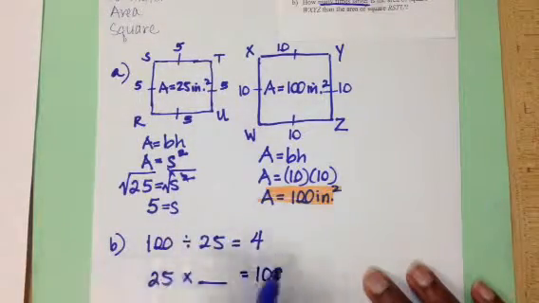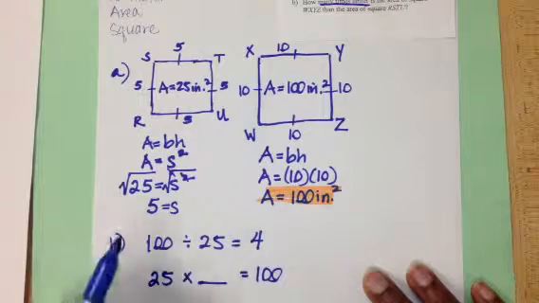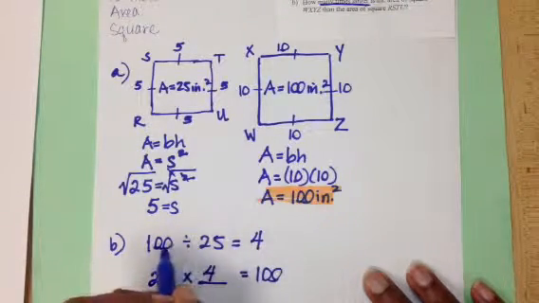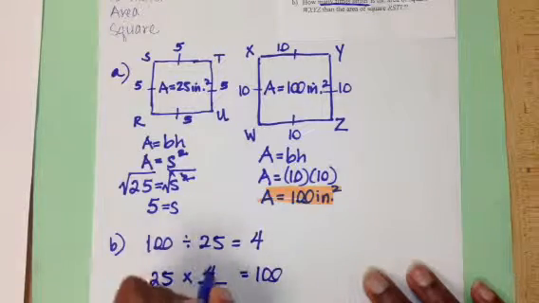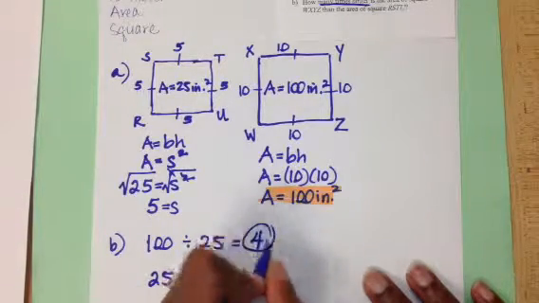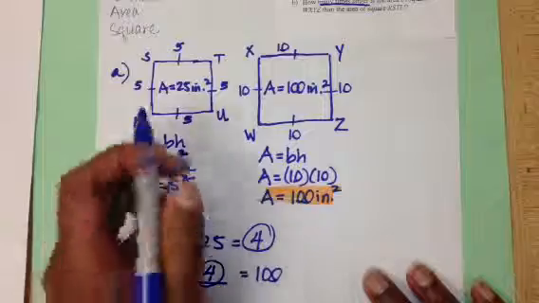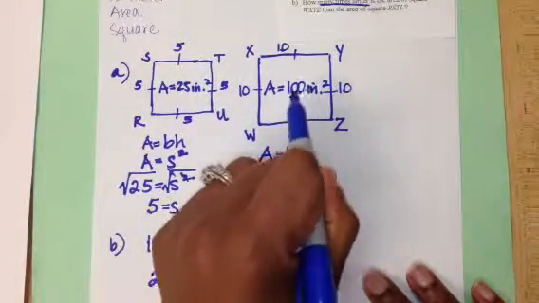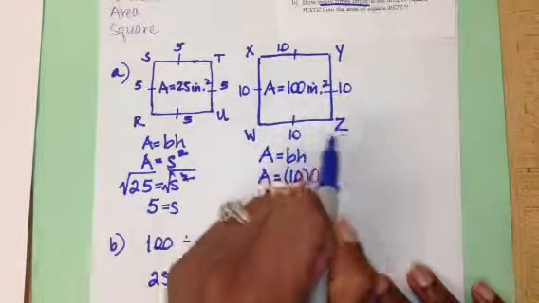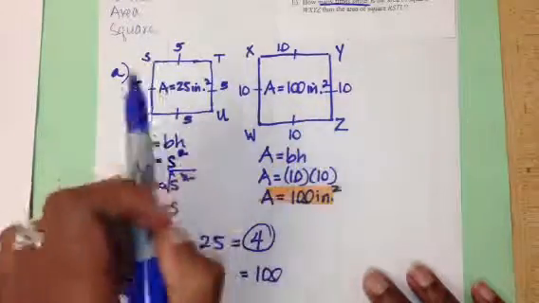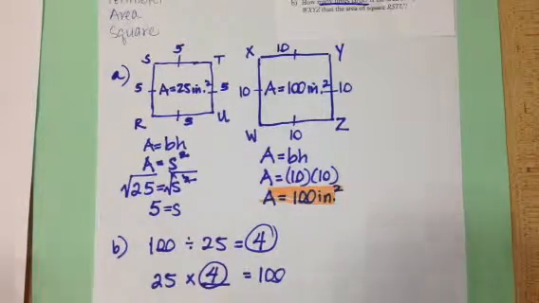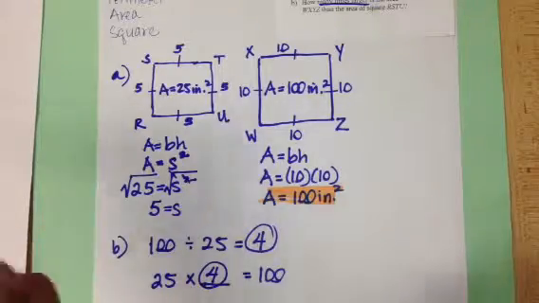It's the same operation. We can multiply by 4 to get 100, or we can take 100 and divide that by 25. Either way, I get 4. So RSTU is 4 times as small as WXYZ, or WXYZ is 4 times as large as RSTU. Either operation you use, you come out with the answer 4.